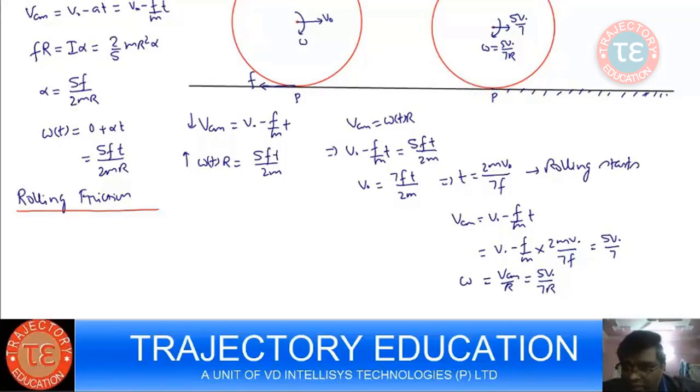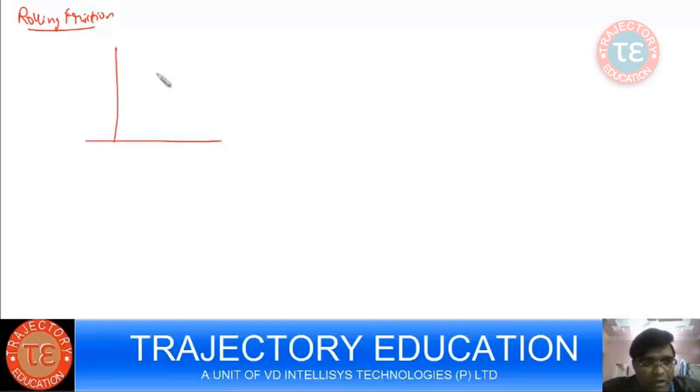See, I'll give an example. So I'm now here to discuss rolling friction. See, when you push any object, suppose I have a wall over here and I have a person, suppose he is pushing the wall.